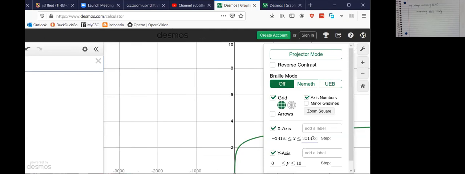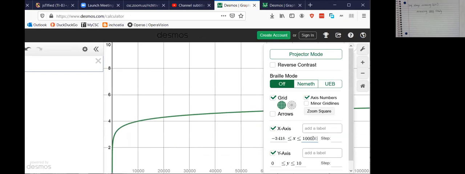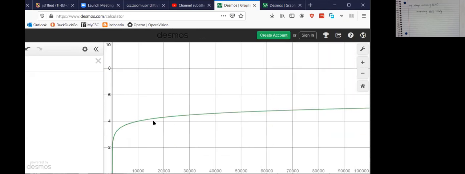Here we can let x go up to 100,000, and we're steadily increasing. But the common logarithm just reaches 5 at the very end of our viewing window.